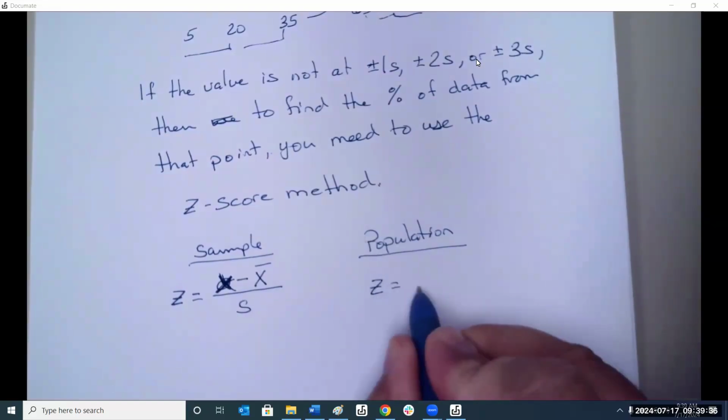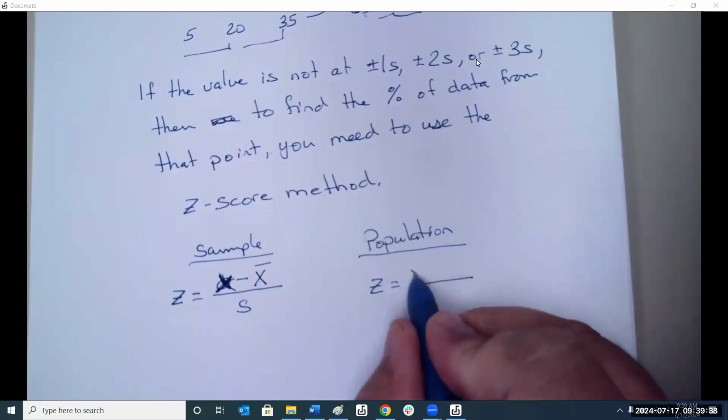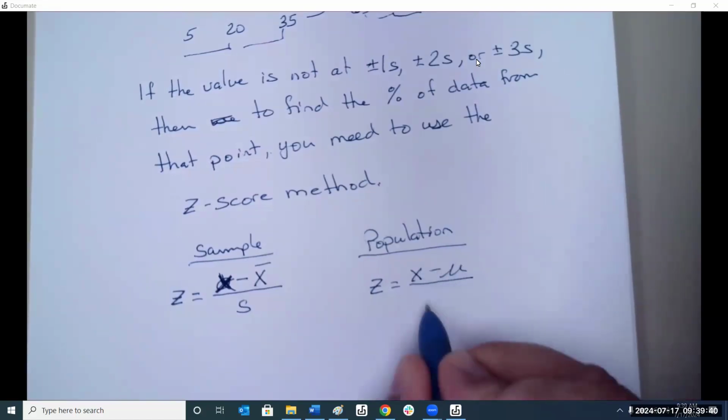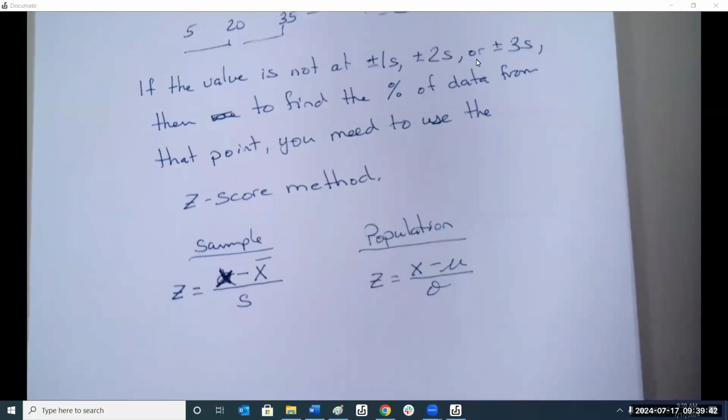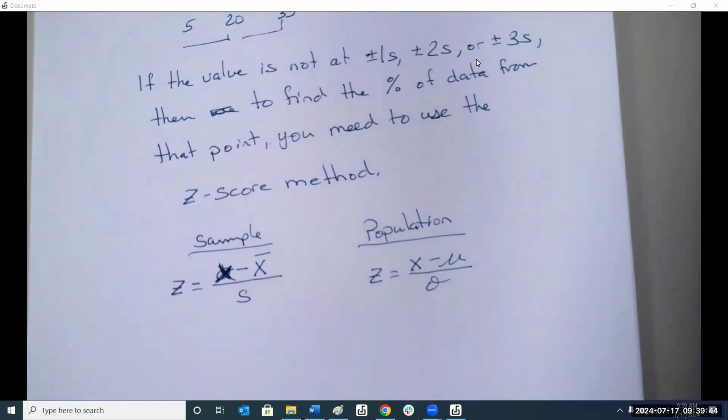And the z-score for the population is x minus mu over rho. And since I know you all spend your time reviewing your notes, I won't have to go through what those letters mean.